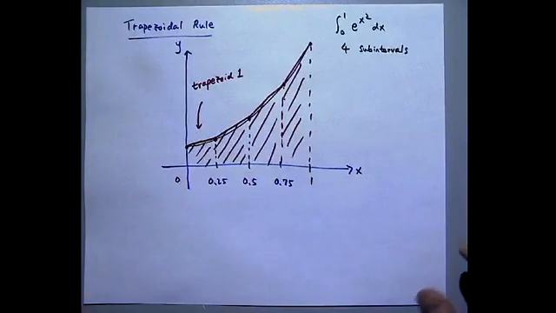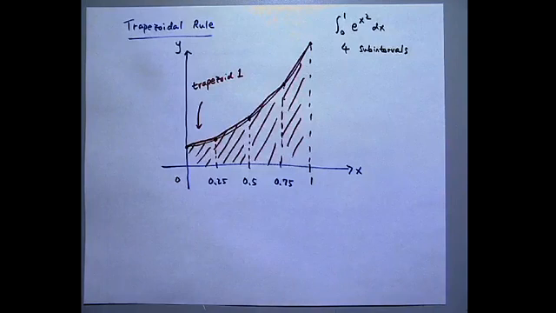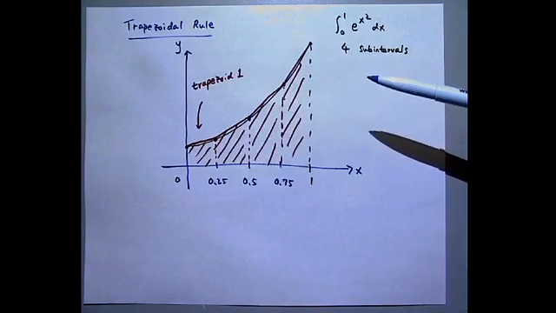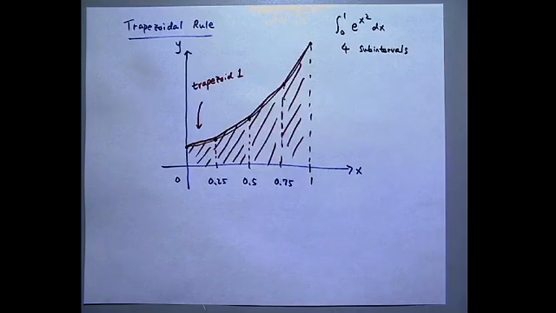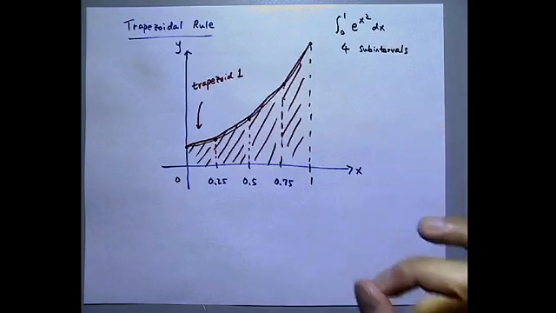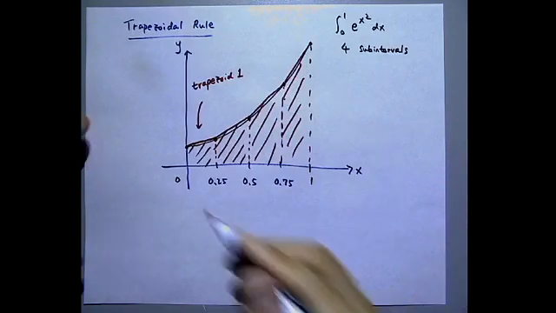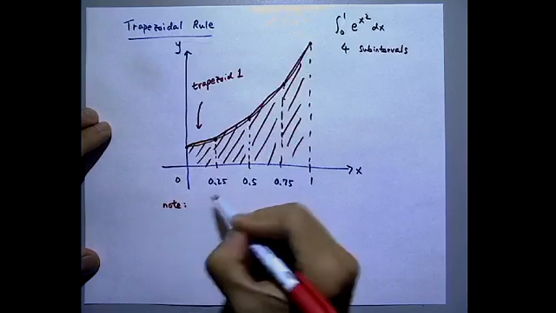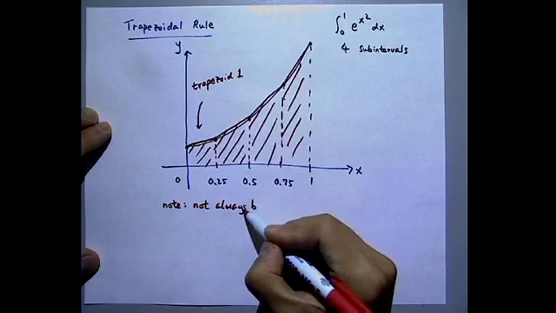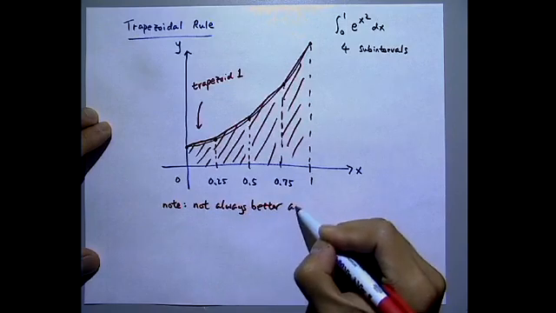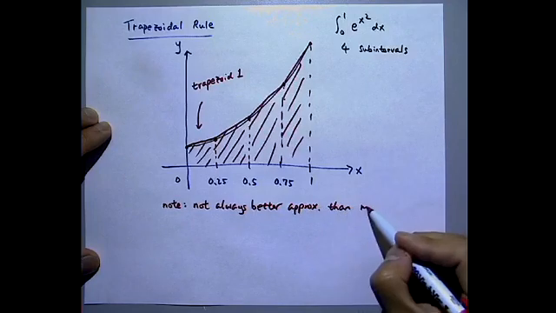The advantage here, obviously, is for a shape like e to the x, the trapezoid seems to stay with the real shape closer than the rectangle, right? So for some shapes, this will give you a better approximation, but not always better than the midpoint.